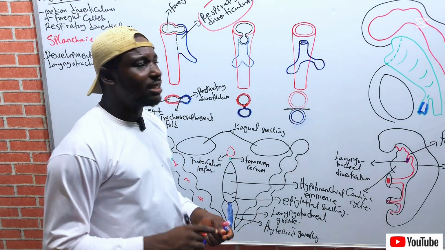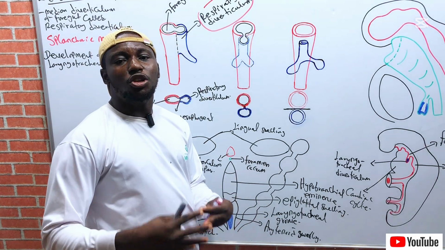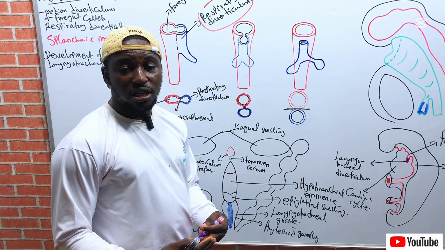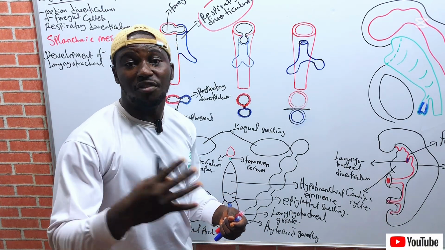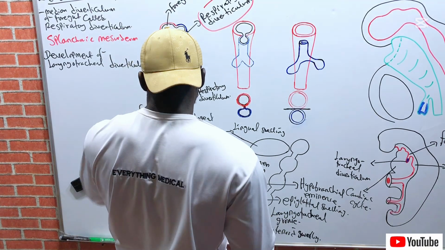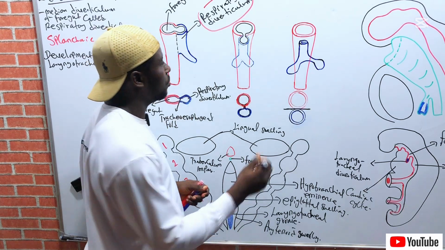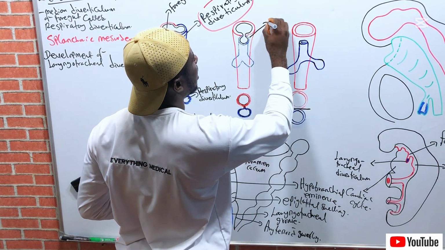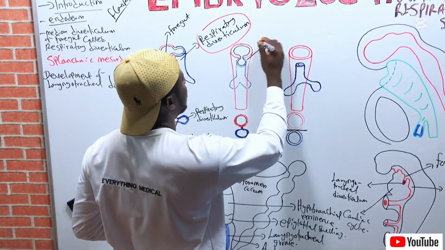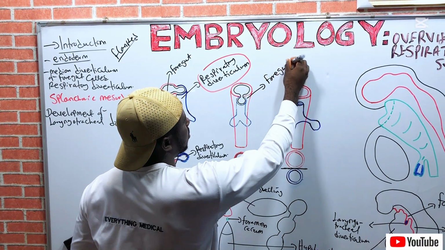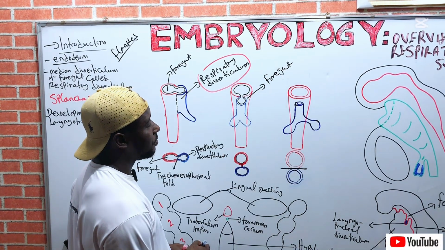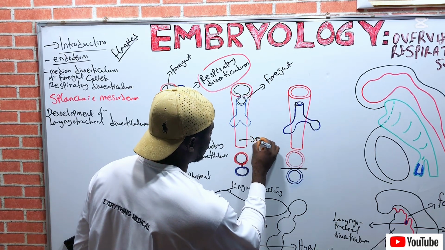Now, you have to understand that the laryngotracheal diverticulum is separated from the oesophagus by the tracheoesophageal septum. This remains the foregut. Now, this is oesophagus.